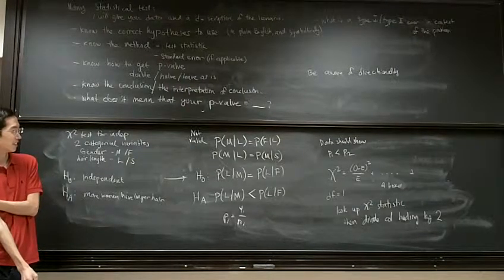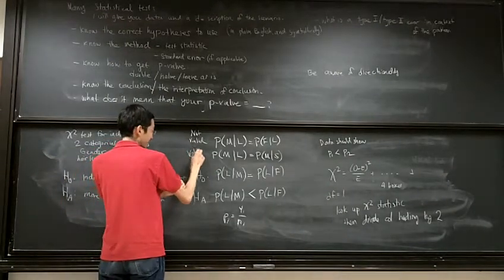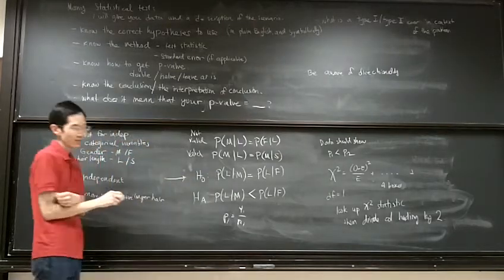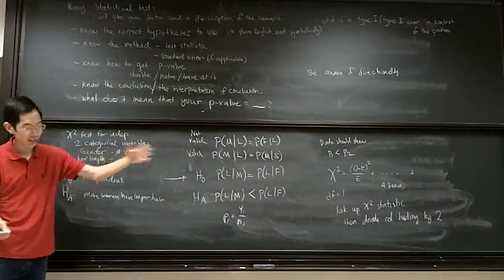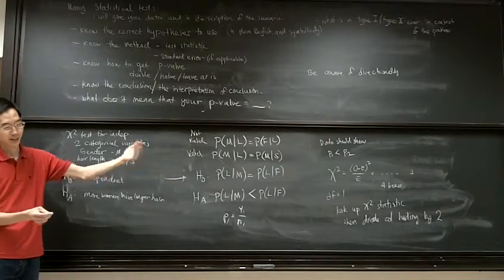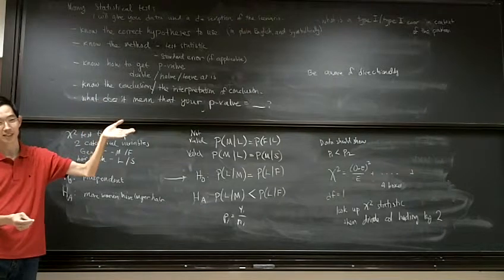Because you have to assume something about the female. No, well, I don't know. But this one is valid, okay? This says if somebody has long hair or somebody has short hair, our prediction of whether or not this person is male or not doesn't matter.